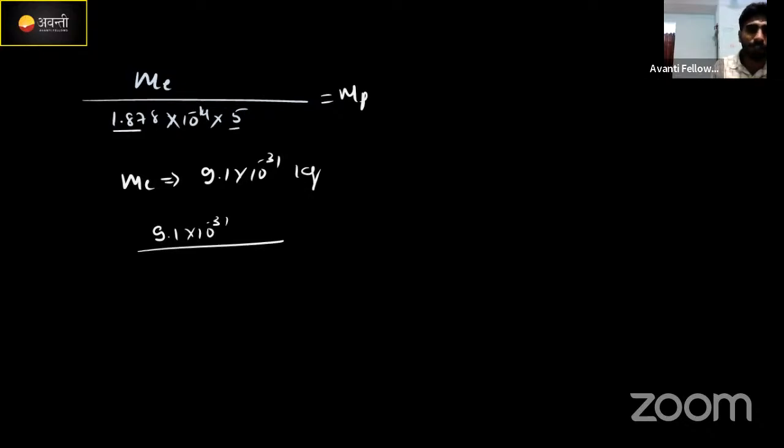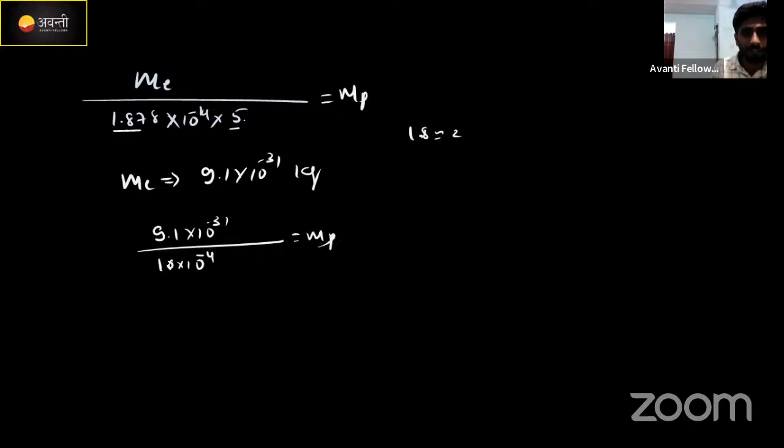Now we'll do one thing, for simplification will take 2, then it will become 2 into 5, 10 होता है. So 2 into 5 it is nothing but 10, 10 into 10 to the power of -4 है, correct ना, is equal to mass of proton, right.